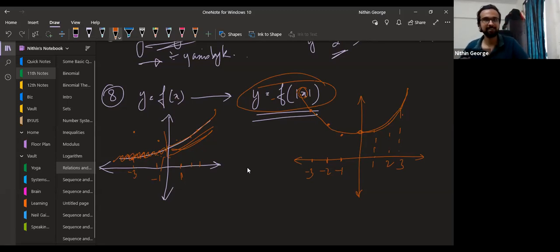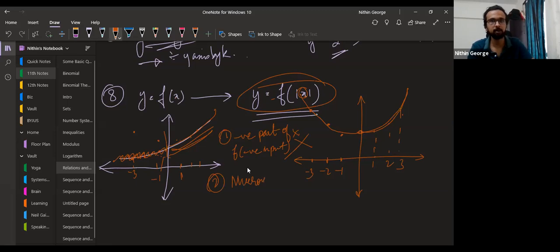So what are the changes? Write the changes down. 2 steps. 1. Negative part of x, like f of negative input, is taken out completely. Then mirror on the y-axis the remaining graph.